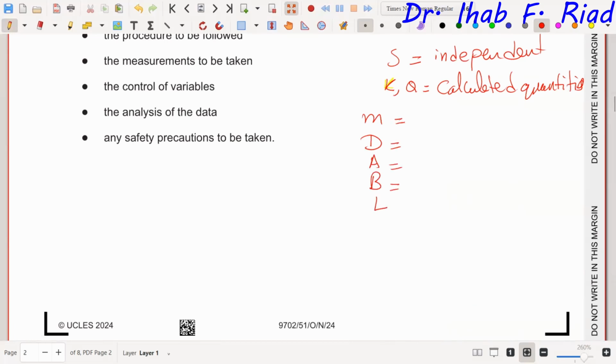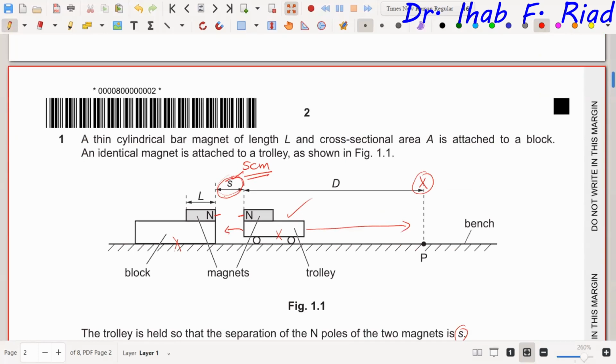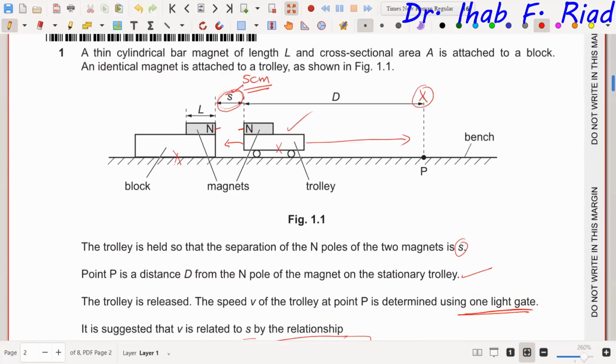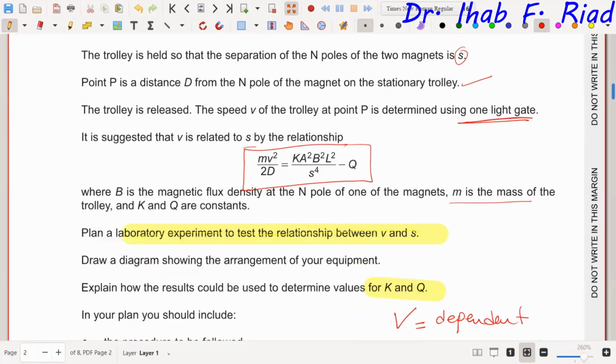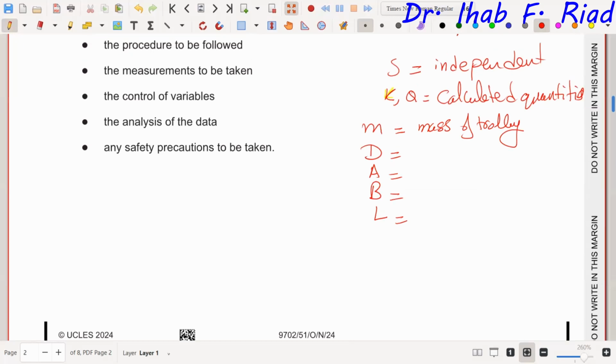Now, M is the mass of the trolley, right? Yes, it is a mass. The mass of the trolley. D is the distance.